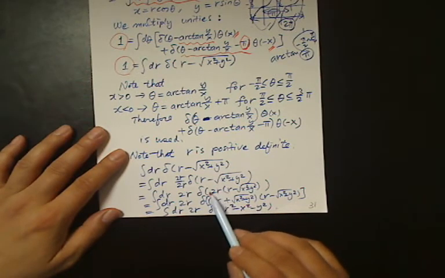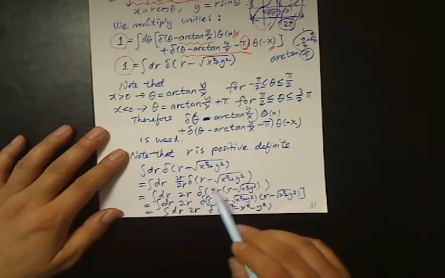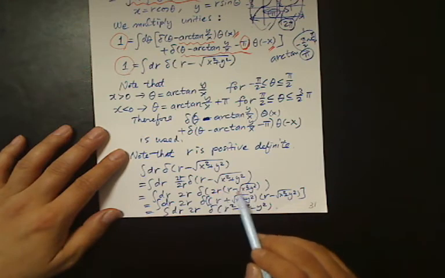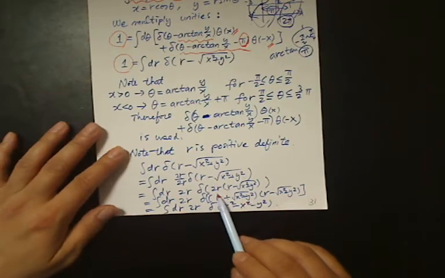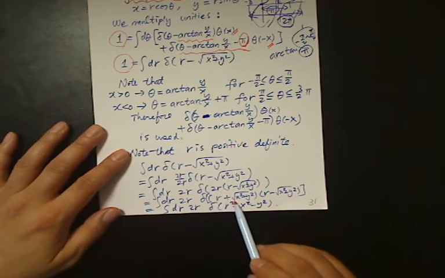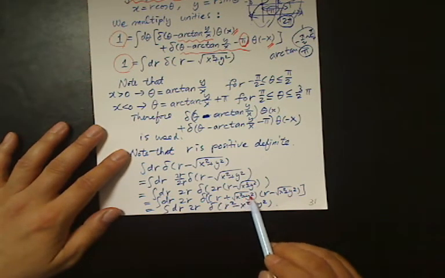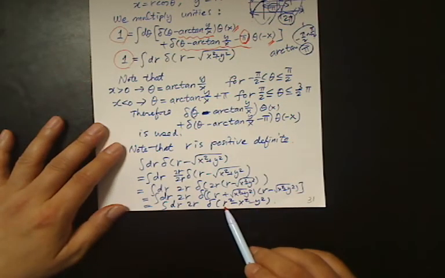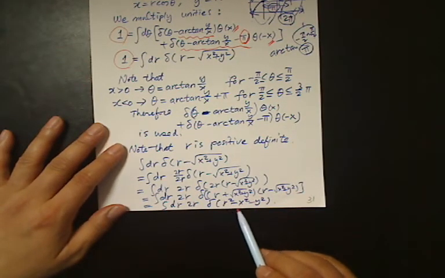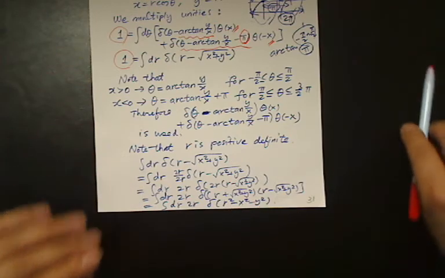It does not touch this delta function at all. So it can be replaced with r plus the square root of x squared plus y squared, and then it's a more simplified form, the delta function r squared minus x squared minus y squared.